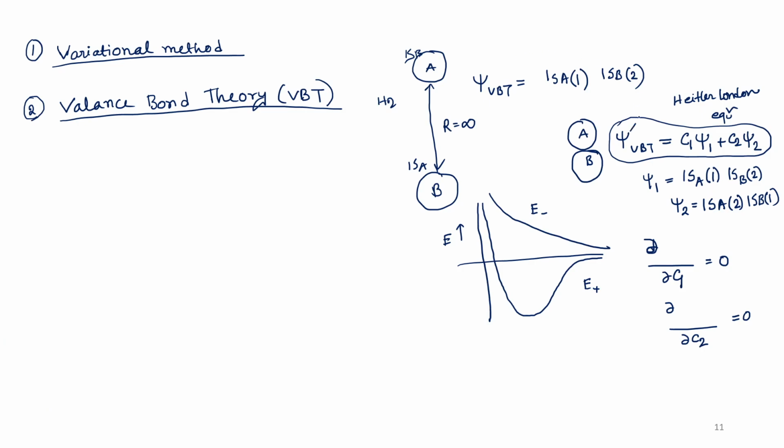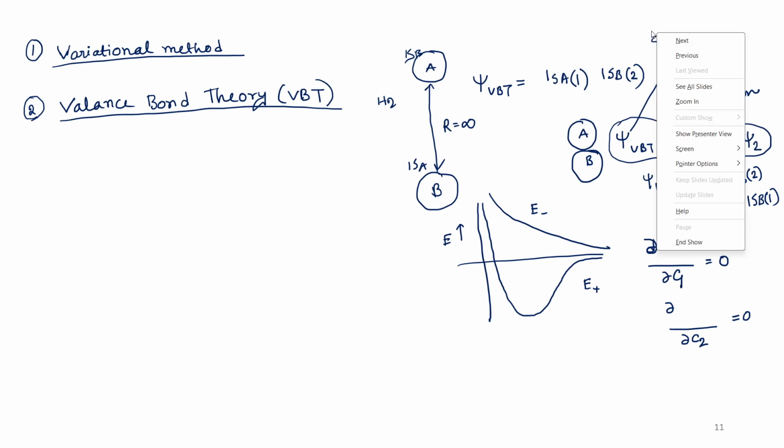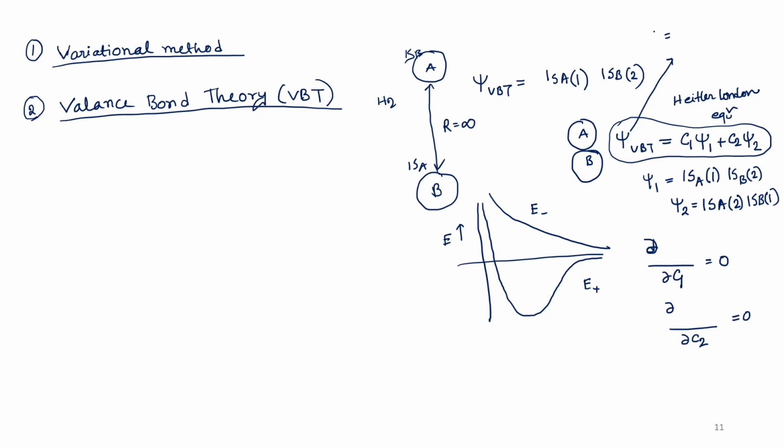So from here you need to get the energy, right? As the variational theorem we have already discussed, you get the energy in the form of psi VBT, your Hamiltonian, and then again your psi VBT.